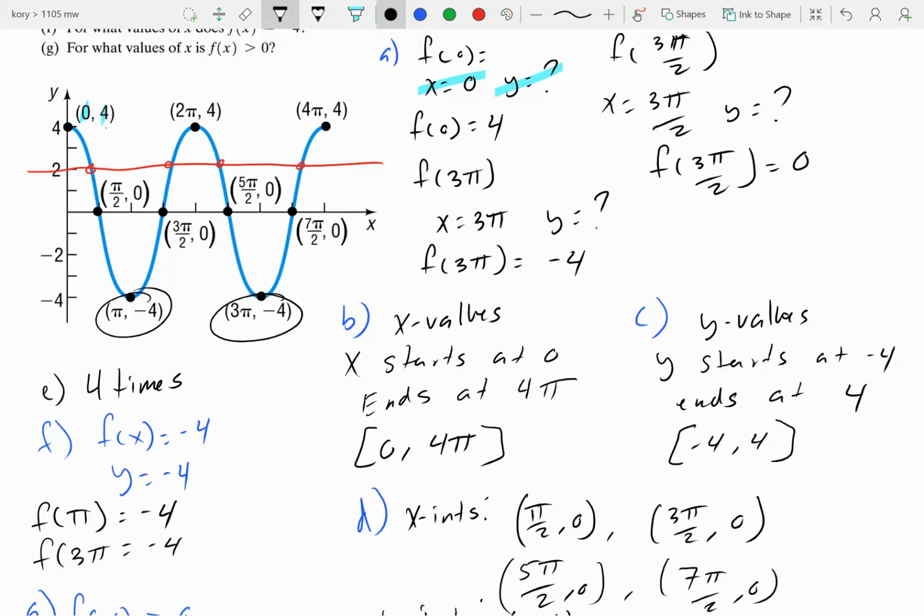Pi over 2 because y is greater than 0, 3 pi over 2 because y is greater than 0, 5 pi over 2 because y is greater than 0, 7 pi over 2 because y is greater than 0, 4 pi, and 2 pi. So basically everything above that x-axis.